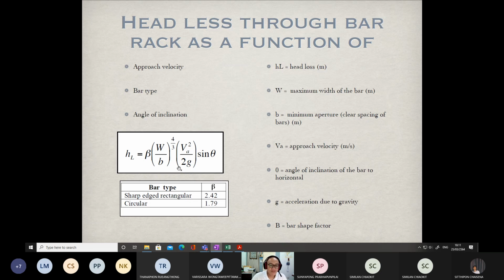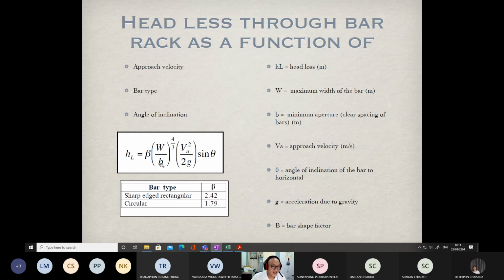But just be careful, as this is an empirical formula. You need to apply the units corresponding to what they provided. So if it is designated as meters, you have to convert everything into meters, even if it's just a few centimeters or a few millimeters, like the clear spacing.